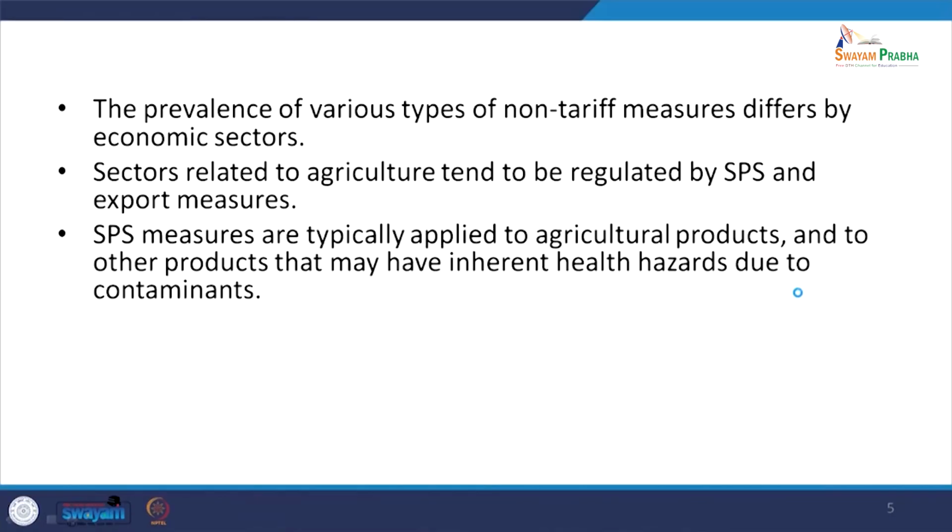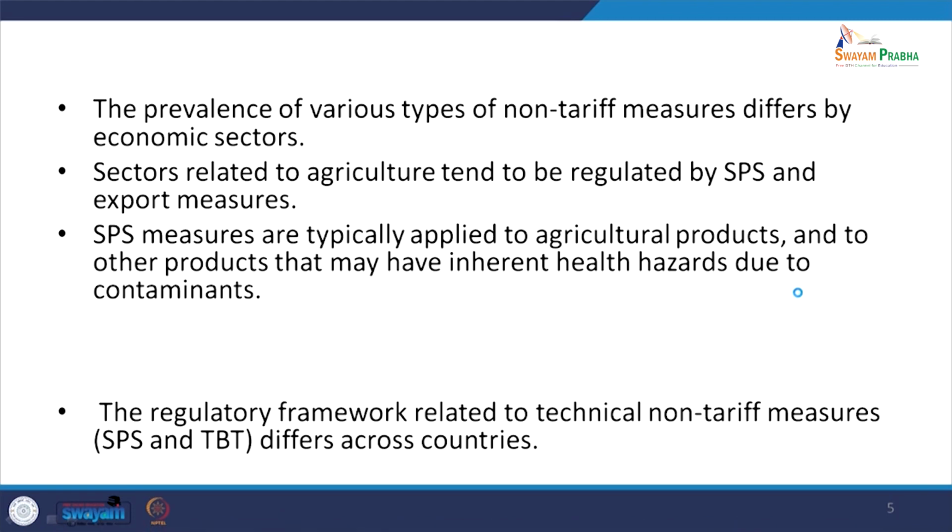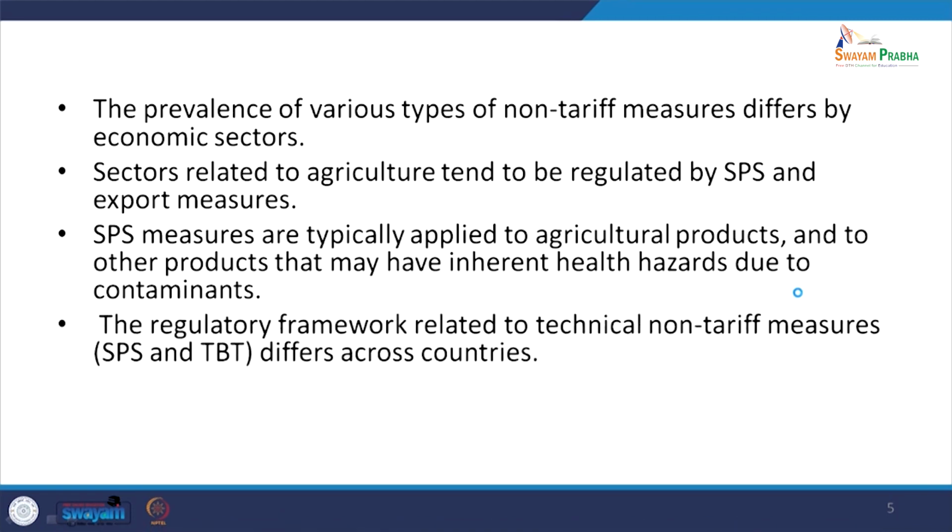Therefore, the prevalence of non-tariff measures differs by economic sector. Sectors related to agriculture tend to be regulated by SPS more, as compared to export measures. SPS measures are typically applied to agriculture products and to other products that have inherent health hazards, due to the heavy possibility of contamination with contaminants.